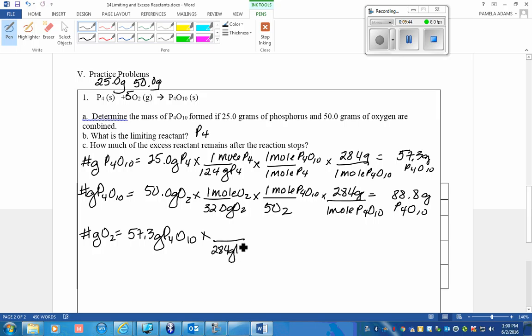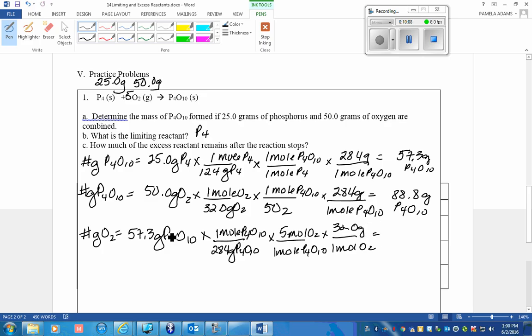284 grams of P4O10 in 1 mole of P4O10. 1 mole of P4O10 is equal to 5 moles of oxygen, and 1 mole of oxygen has a molar mass of 32 grams.